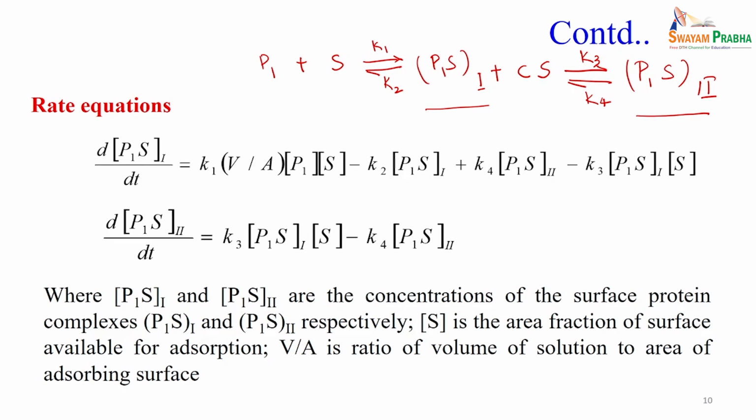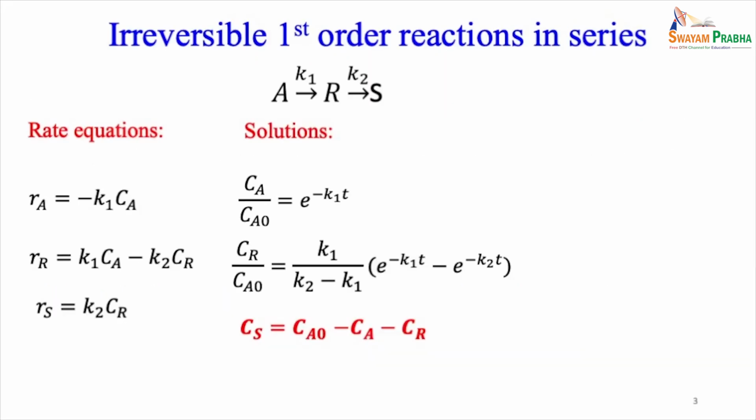So, depending on how many unknown parameters are there, we can either solve it analytically or we can solve it numerically. So, that will depend on how simple or how complex are the rate equations. So, I have listed let us say two very simple equations.